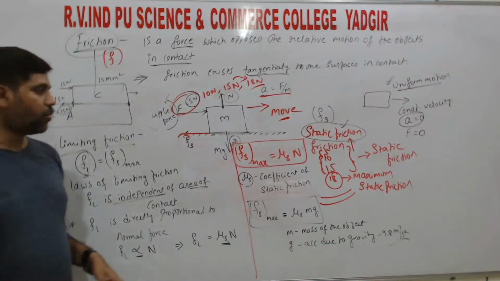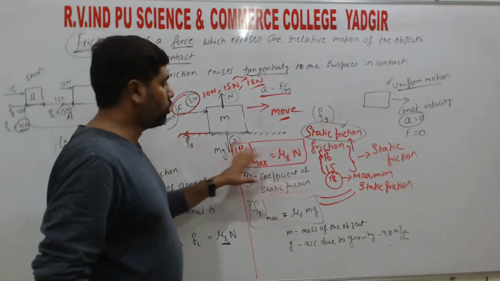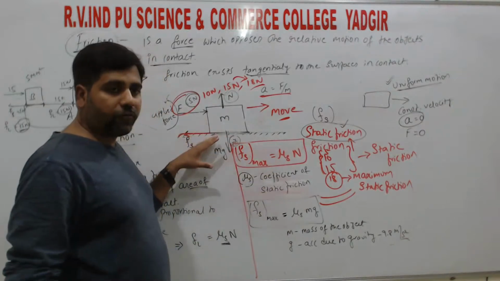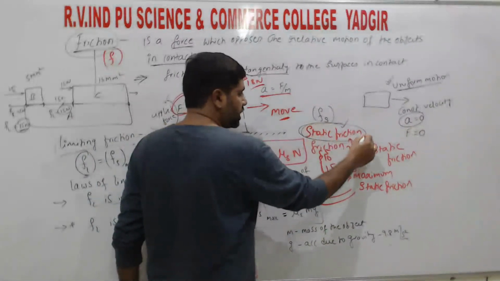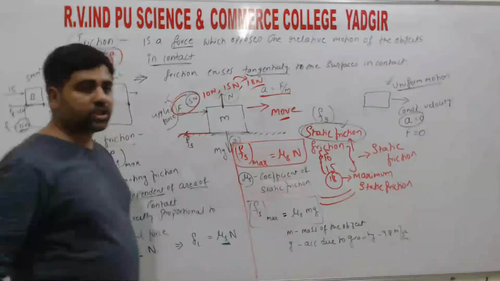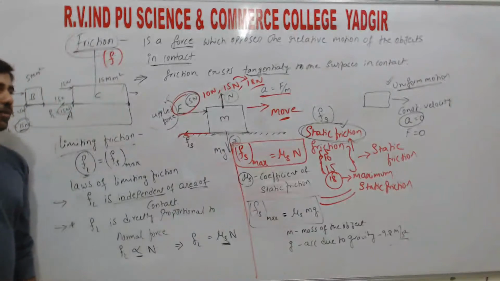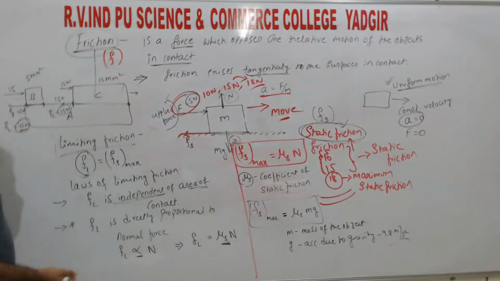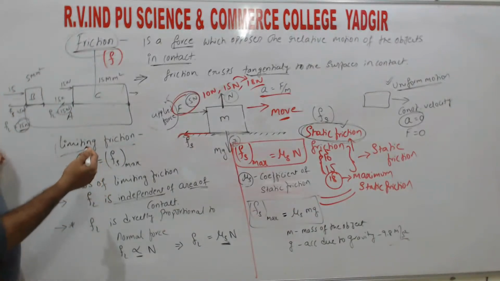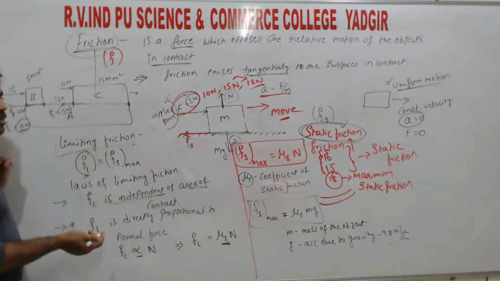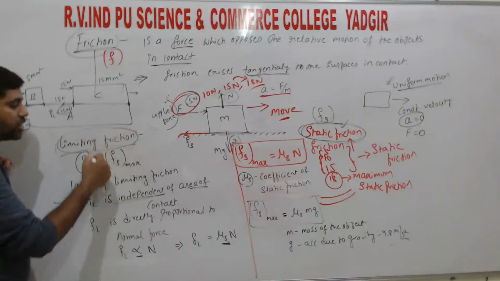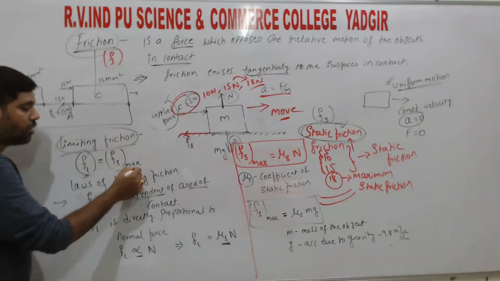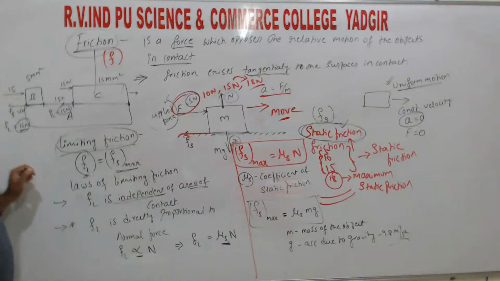So this is about friction. Here we have studied friction. In friction there are two types. One is static friction. If the object is at rest, there exists a friction when we apply a force, so that we call static friction. When the applied force crosses a certain limit, then the object will start to move, so that friction we call the limiting friction, and that is equal to the maximum value of static friction.